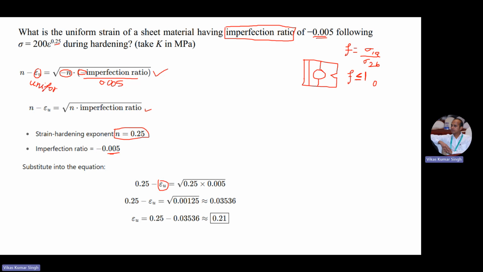If we put in all these values, you will easily get 0.021. So this is a very simple question, nothing big in this one. Moving towards the next question.